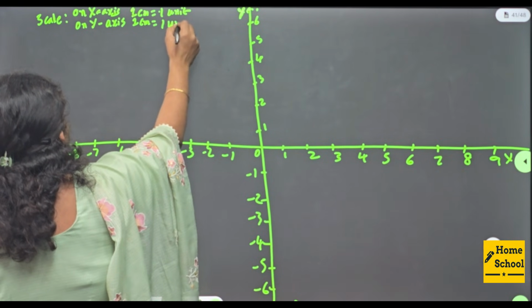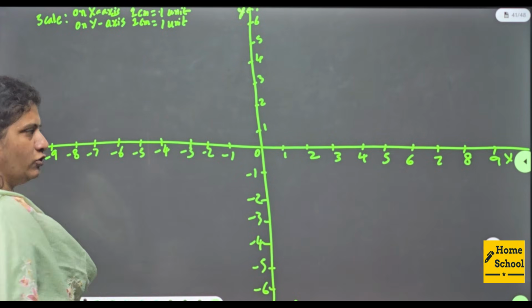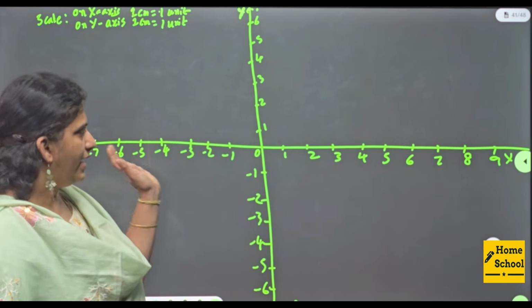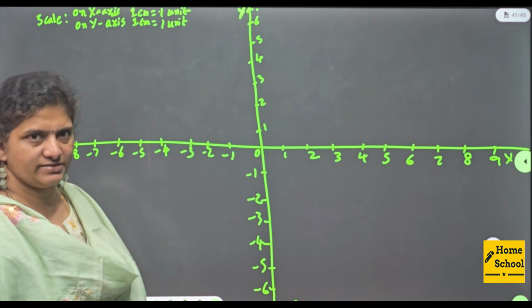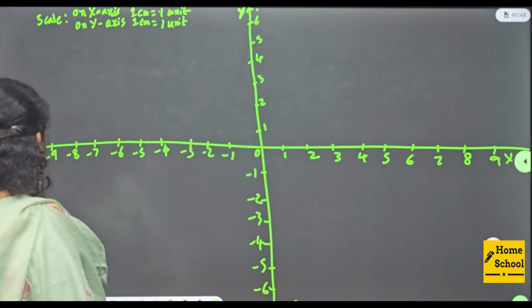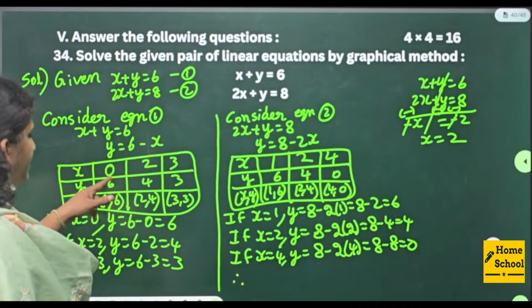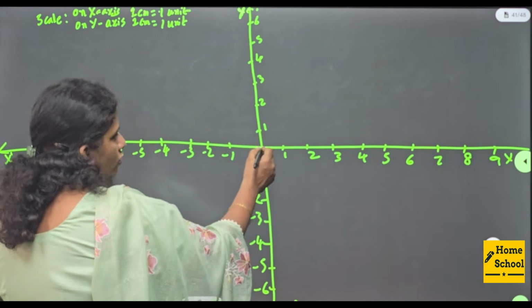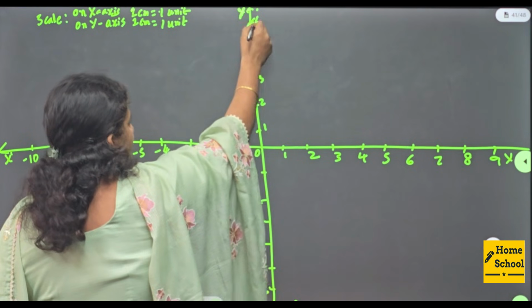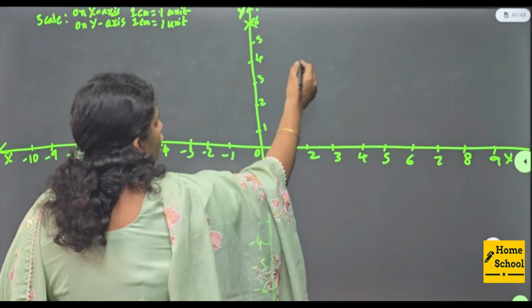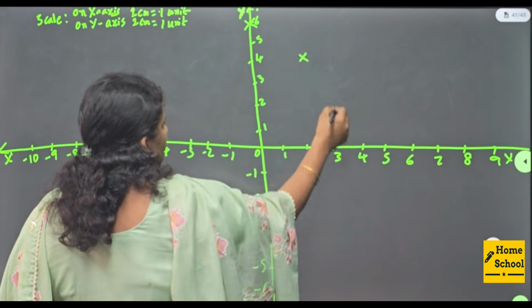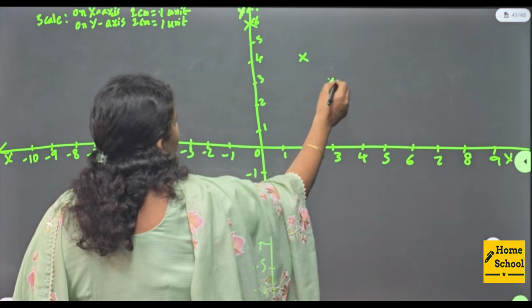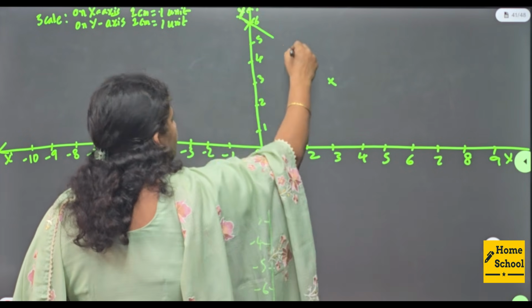In the same manner on the y-axis 1 centimeter is equal to 1 unit. X-axis, y-axis. Now see the table. 0, 6, 2, 4, 3, 3. 0, 6 here. 2, 4 here. 3, 3 here. Now try to join.